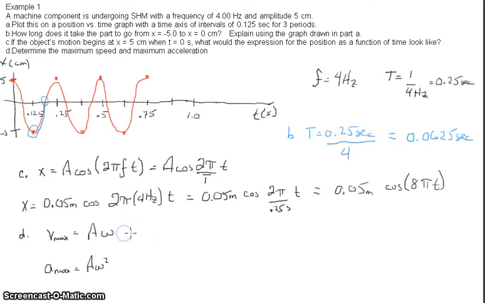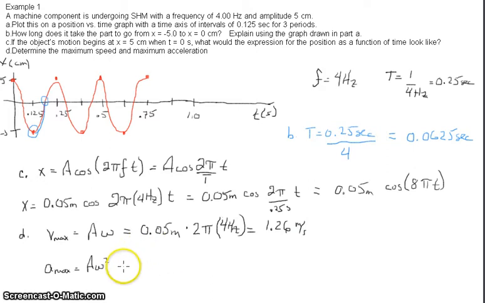So for the maximum velocity, we have A, which is 0.05 meters, times 2 pi times 4 Hertz. If we substitute all of this in, we get 1.26 meters per second.